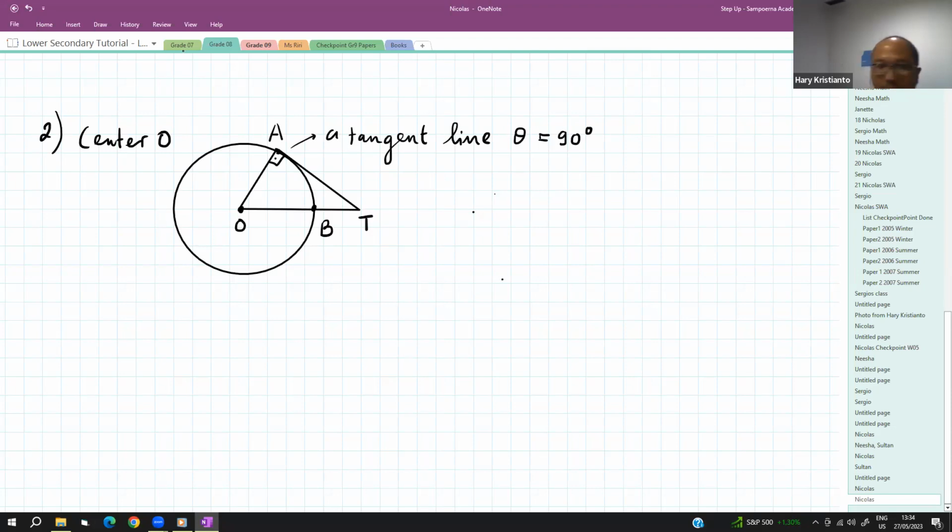Given also OA, the radius, is 10 centimeters, and BT is 7 centimeters. Now find the length of AT.